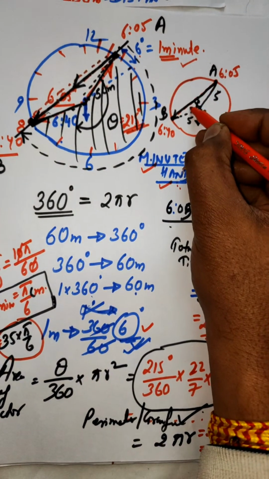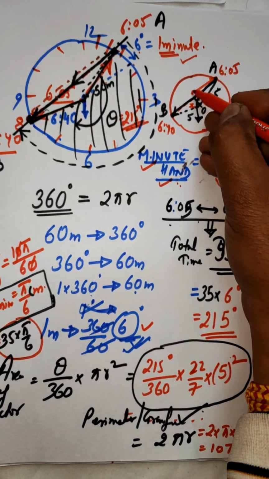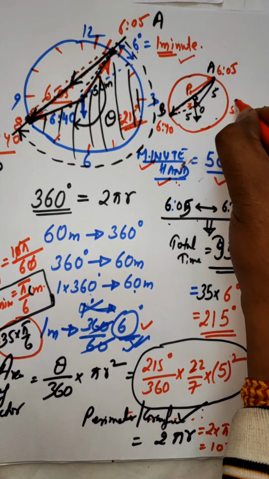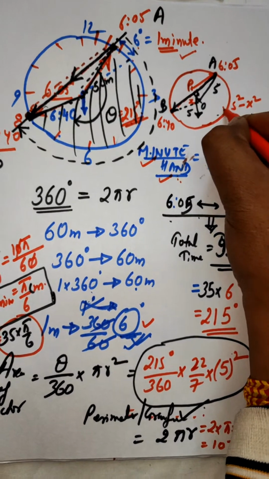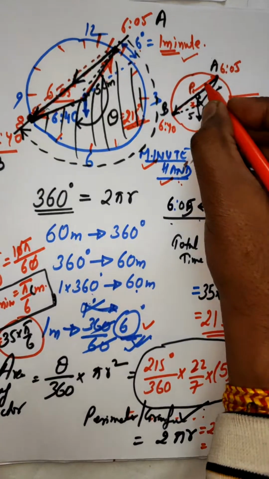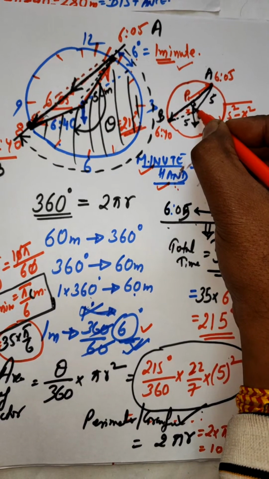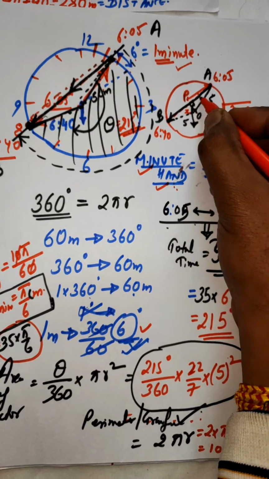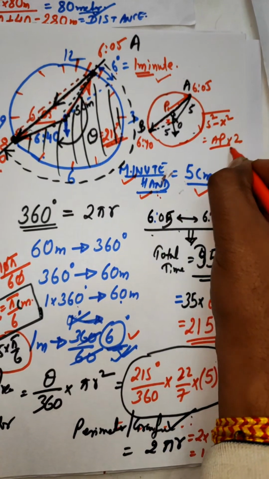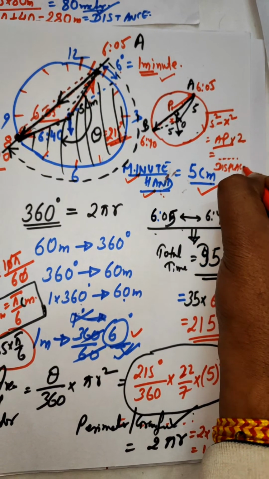If this value is known, let's say x, then we can calculate this value, let's say A to P. This will be calculated simply by 5 square minus x square, take the root of that, apply the Pythagoras to get the value of AP, and just double it, because the perpendicular drawn from center to the chord is bisecting it equally. So AP will be doubled, so we get that value, that is our displacement, right?